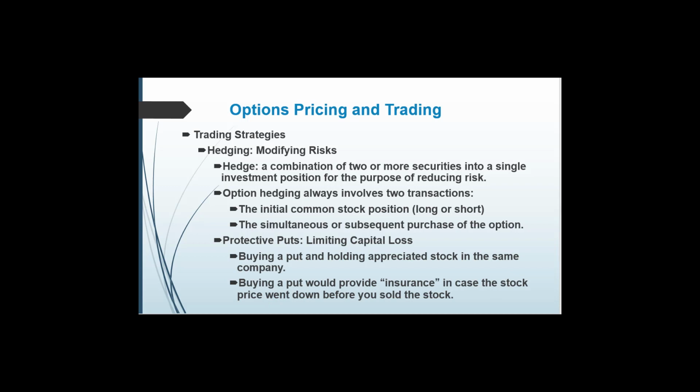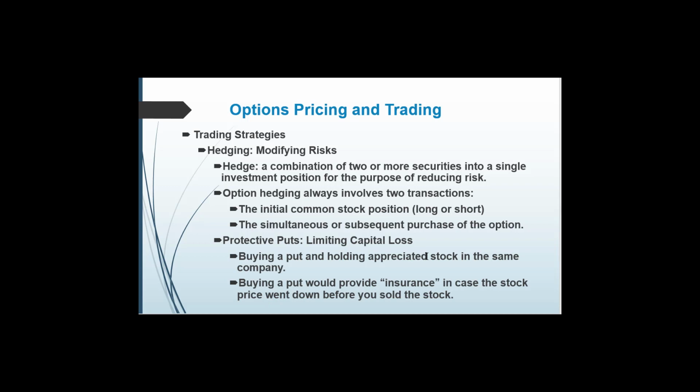So protective puts is a way to limit capital losses. You buy a put and you hold an appreciated stock. So what are you worried about happening if you have a stock that has made profit? You want to keep the investment, you want to maintain ownership, but you're worried about losing value.